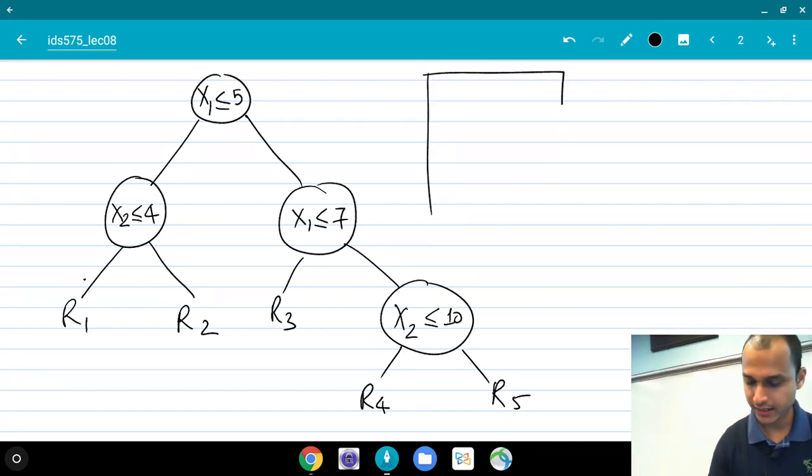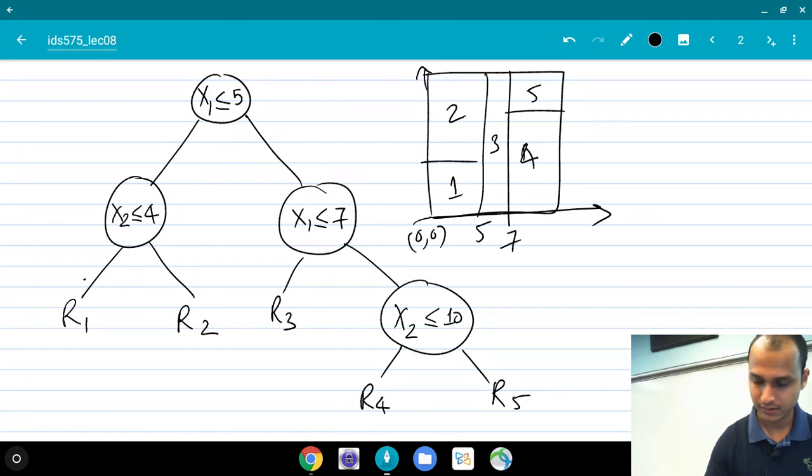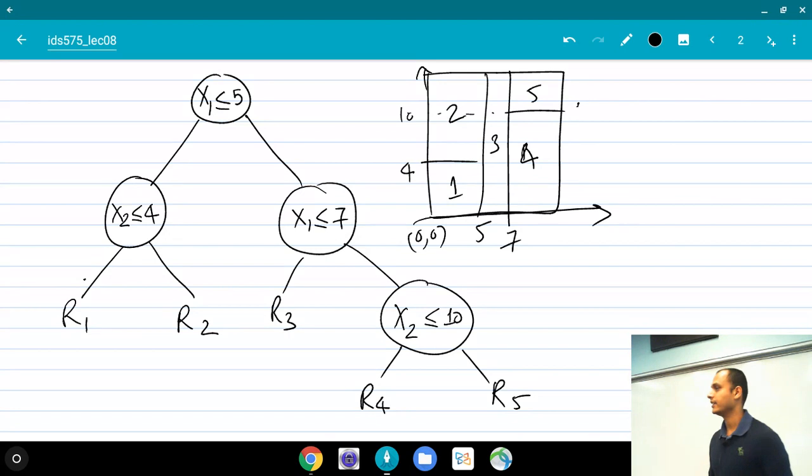Okay, this is the diagram for that 2D plot. 3rd region, 4th region, 5th, 2nd, and 1st. So let's say this is 5, this is 7. Okay, so this is a tree visualization of the same thing.